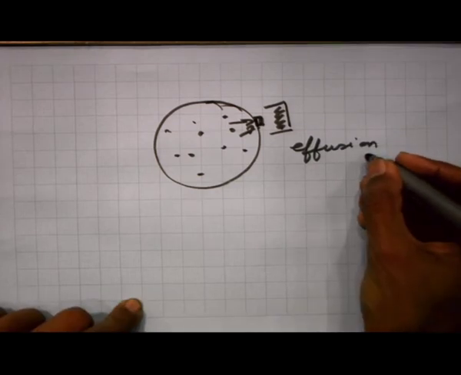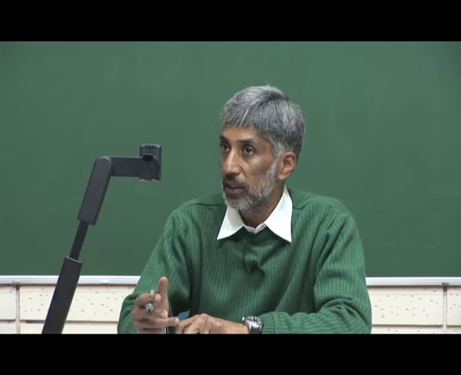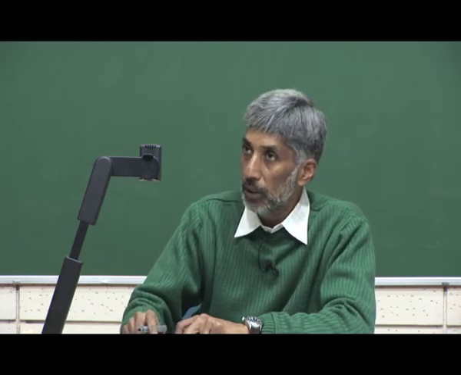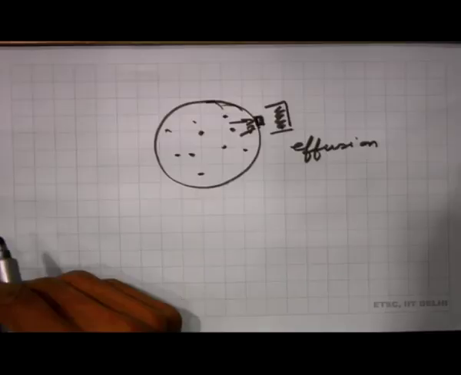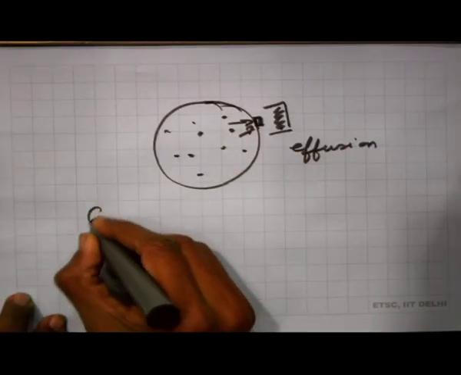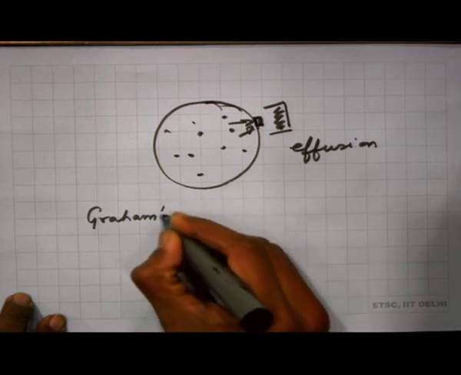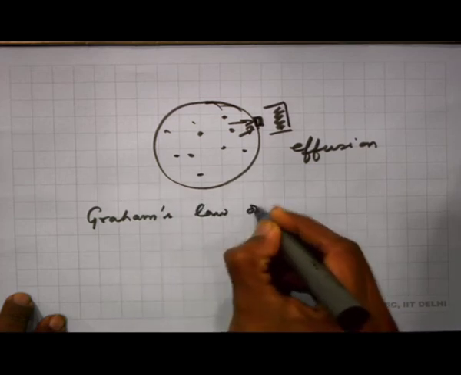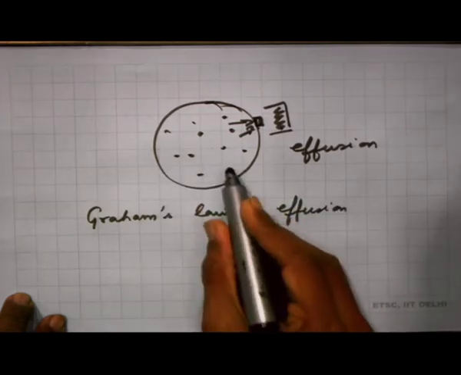So, this is an effusion experiment, and the volume of gas collected will then be related to the molecular masses. You can confirm whether the kinetic theory of gases is correct by doing an effusion experiment, and this was done by Thomas Graham, and it is called Graham's law of effusion, which does not figure in your syllabus, but you can easily work out.